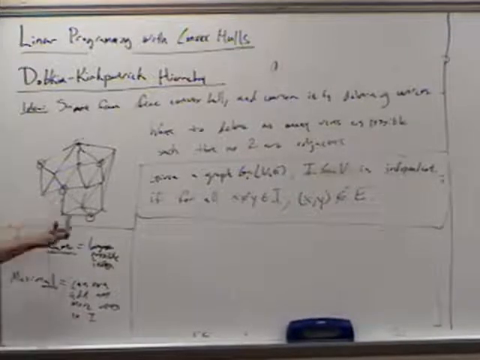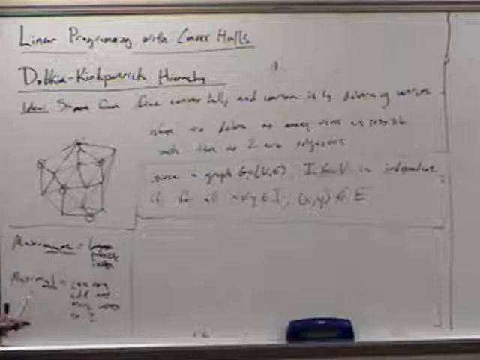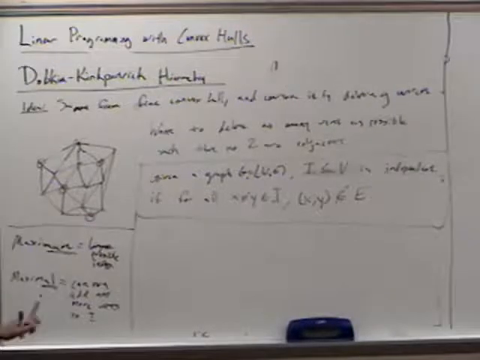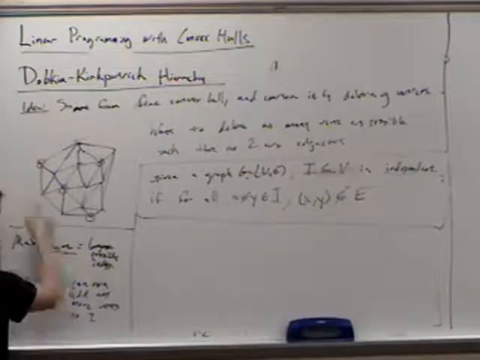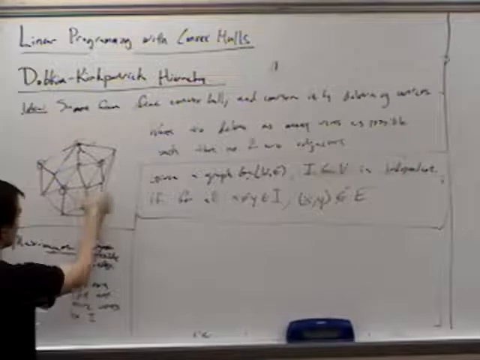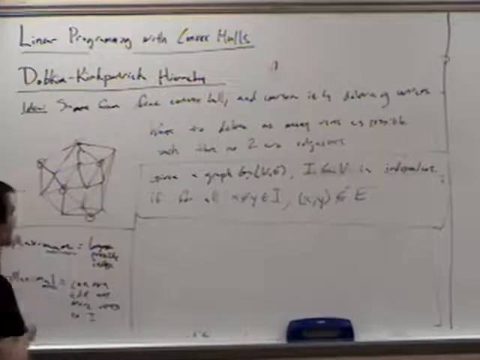So in this graph here, the vertices that I've selected, I believe that this is a maximal independent set. I don't know if it's maximum, probably not. But if you look here, if I take any of these remaining vertices, I can't stick them in there. It's just not going to work anymore.